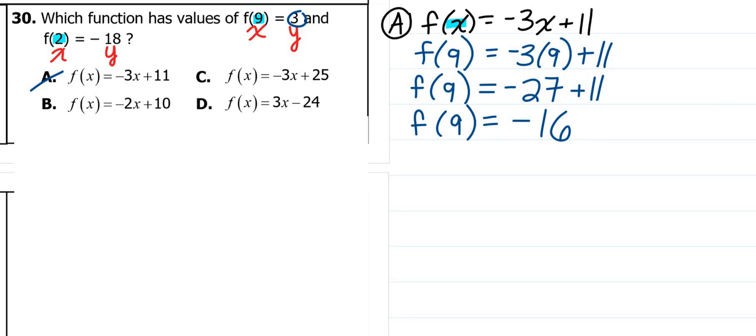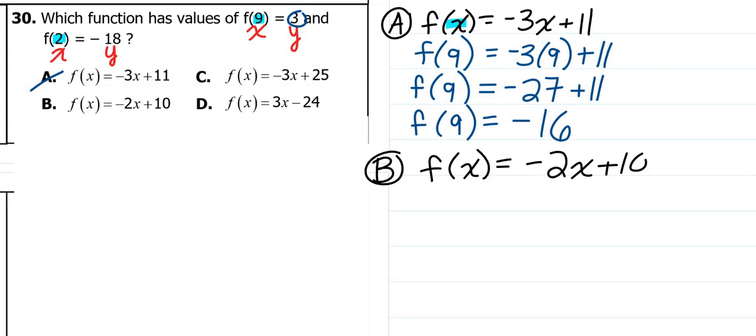Okay, so now let's start this again. For choice B, if I plug into f of x equals negative 2x plus 10, I want to see what I get. So f of, same thing, I'm going to plug in 9, equals negative 2 times 9 plus 10.